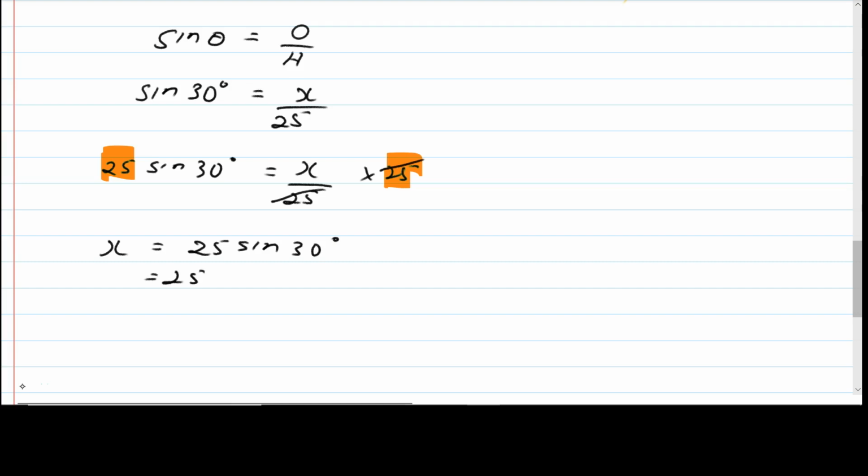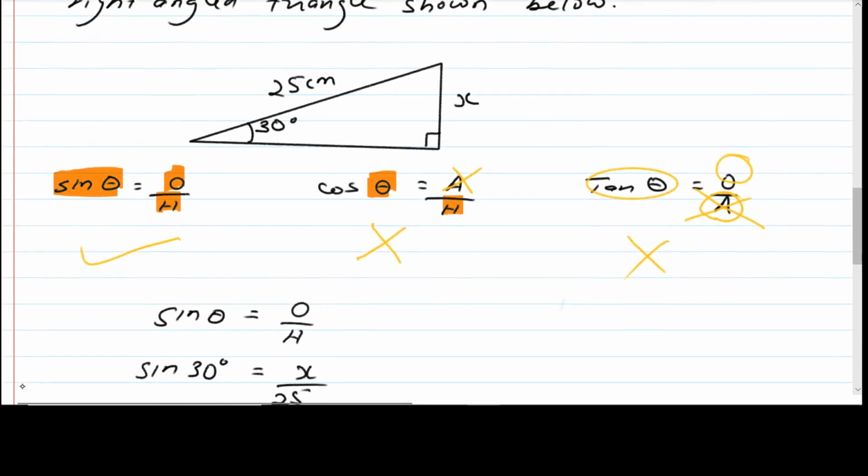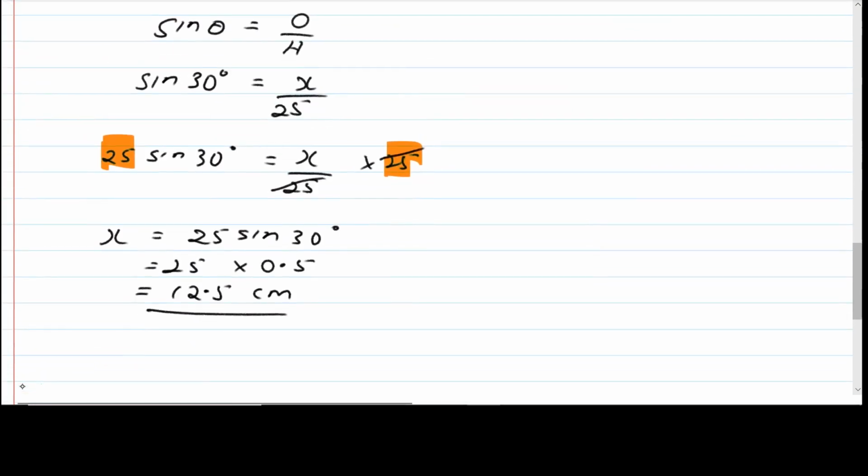That means 25 times sine of 30 degrees. If you do this on the calculator, sine 30 gives you 0.5, so that gives me 12.5 centimeters. So the length of the opposite side is going to be 12.5 centimeters.